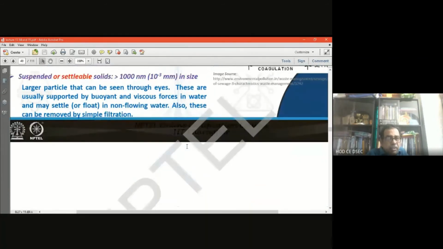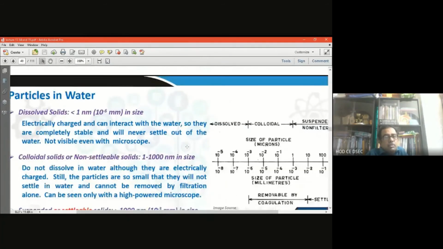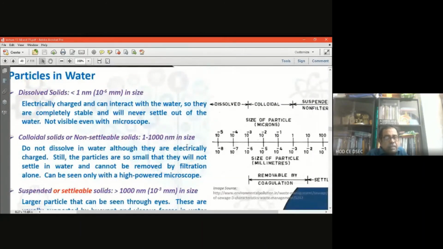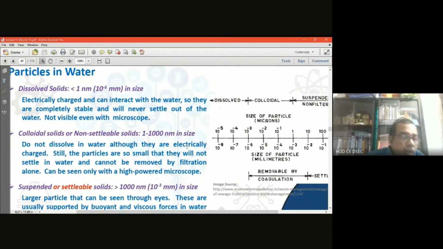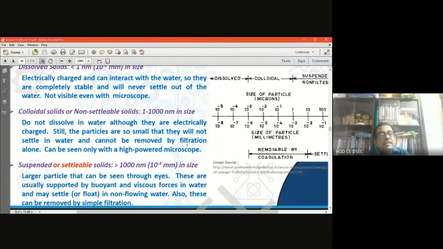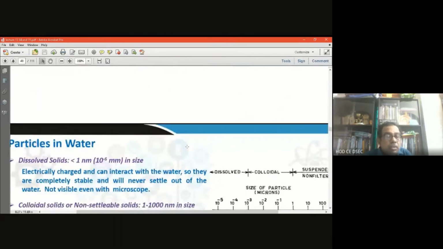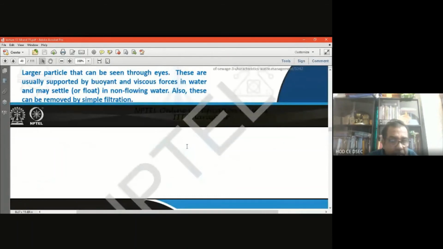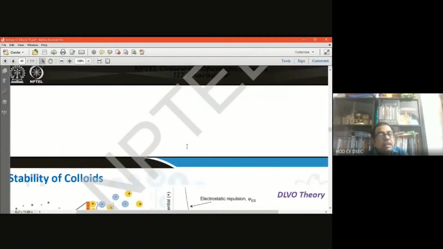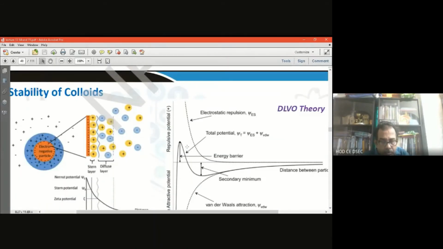In the first two categories, less than 1 nanometer and 1 to 1000 nanometer, the colloidal solid particles are not easily settleable, nor are the dissolved solid particles, but they can be settled by coagulation and flocculation.